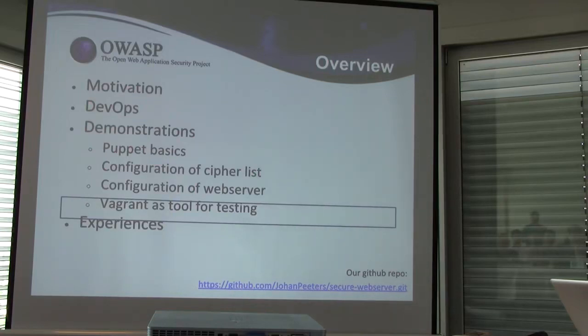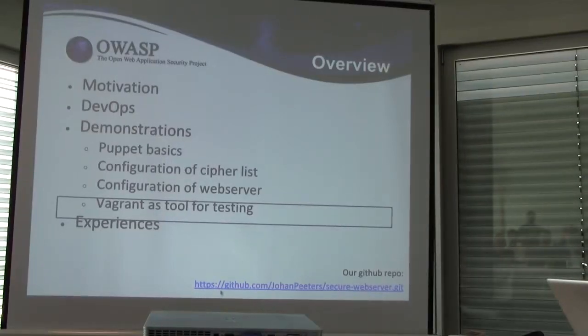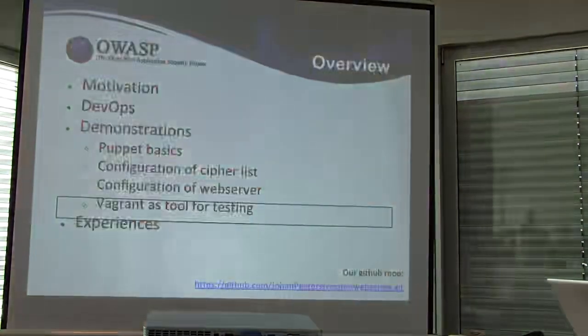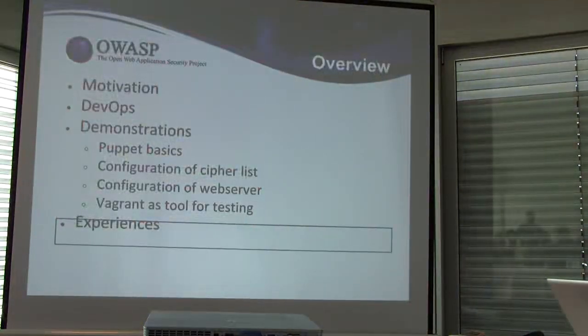I wanted to give a demo about Vagrant as well, but in the interest of time, I'm going to skip the demo. But I would like to say that in the course of developing the code, Vagrant turned out to be invaluable. It is a very easy, clean way of rolling back a virtual machine that you are installing with your DevOps scripts, and then executing the manifests, in our case the Puppet manifests.